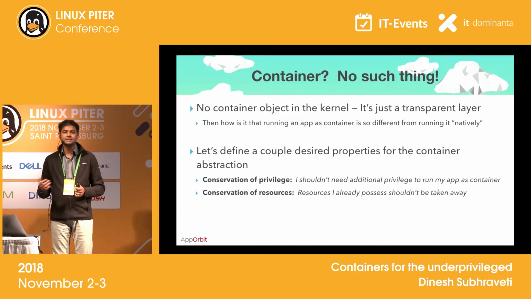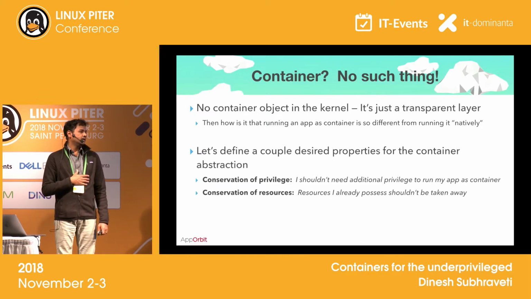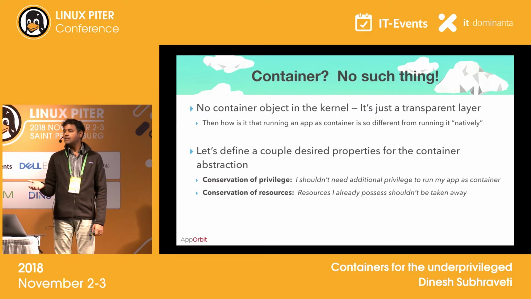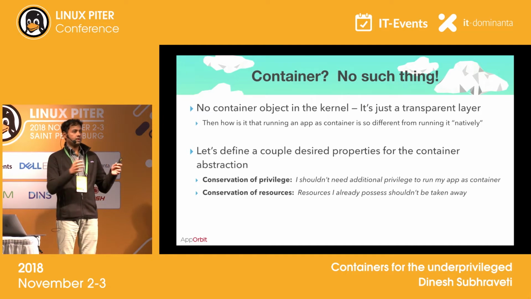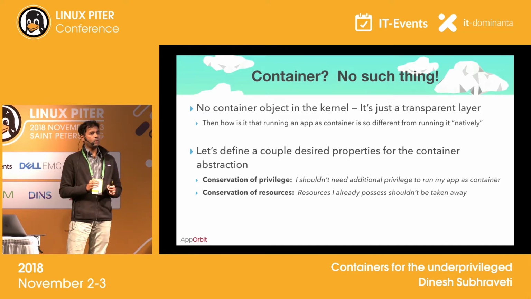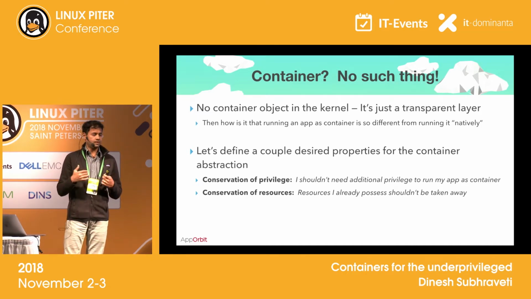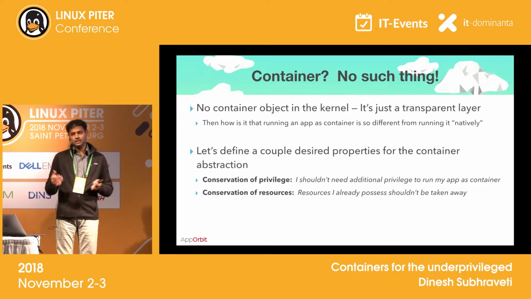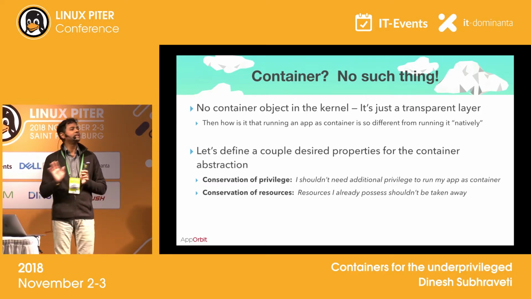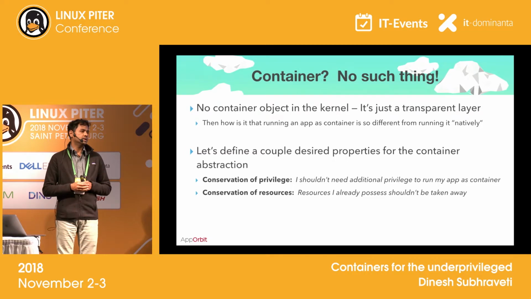What that means is, if I have adequate privilege to run an application natively, I should be able to run that application as a containerized application without requiring new privilege, without, for example, requiring root. That's a desirable property for the container abstraction.